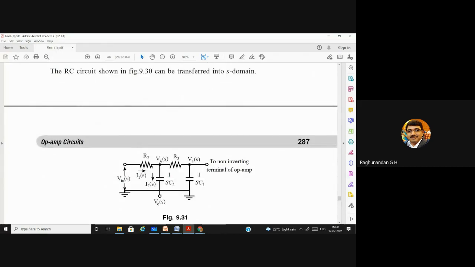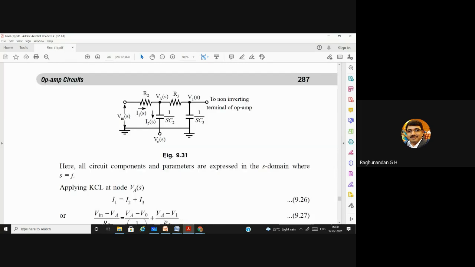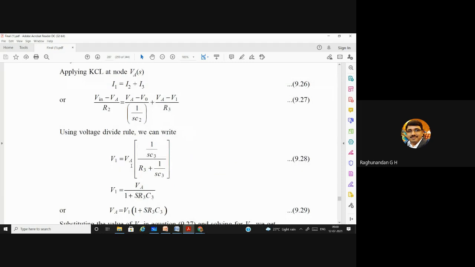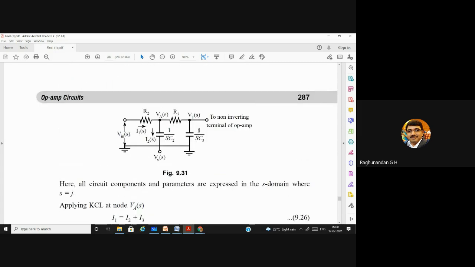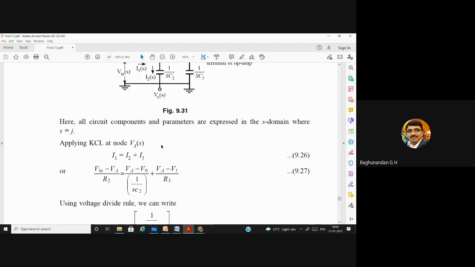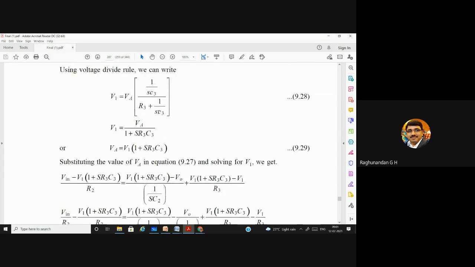The input is given to R2, and through R2 it is given to VA. For V1, VA acts like a supply voltage. That's why we take VA into the resistance across which we find the voltage. Since it is a reactance, we take 1 by SC3 divided by the total resistance in that branch, R3 plus 1 by SC3.